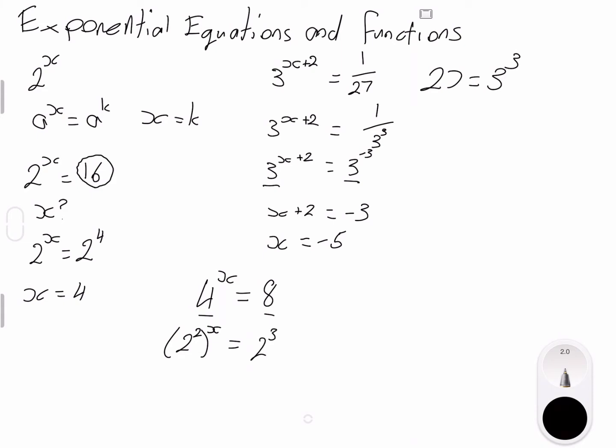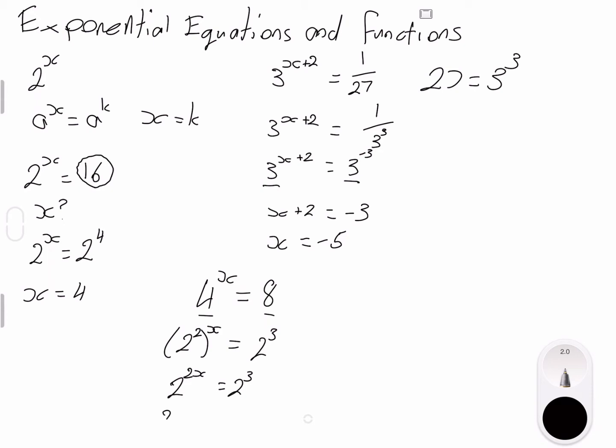Now, how did I know that these were both going to boil down to base 2? Again, it's just recognizing that they'll boil down to base 2. So ideally we want to try and get it down to the lowest base that it can. In this case, it's going to be 2 to the power of 2x is equal to 2 to the power of 3.